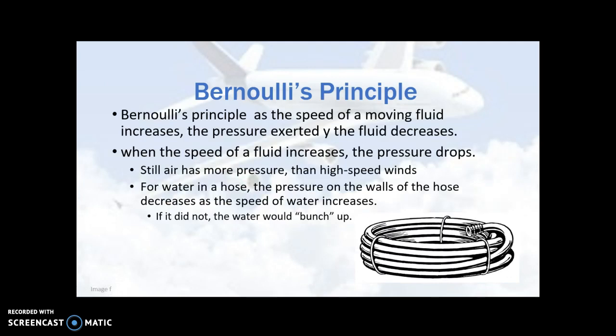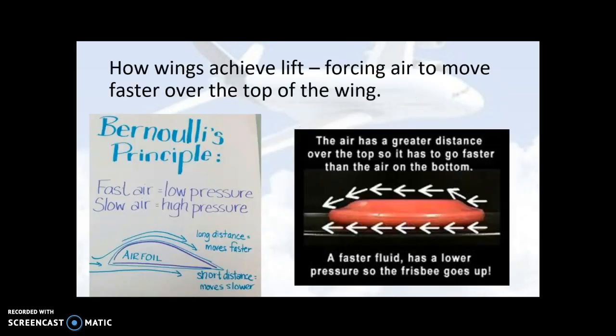So when the speed of the fluid increases, the pressure drops. We can use that example with the hose. Think about what happens when the water gets bunched up. Here's some picture examples of explaining Bernoulli's principle.